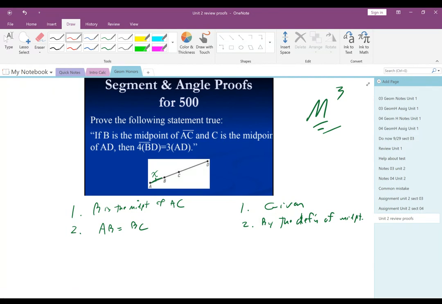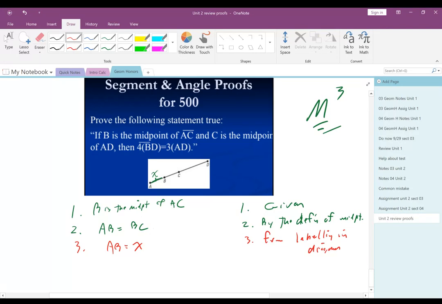And let's go ahead and label that in the diagram. AB equals X from labeling in diagram, right?